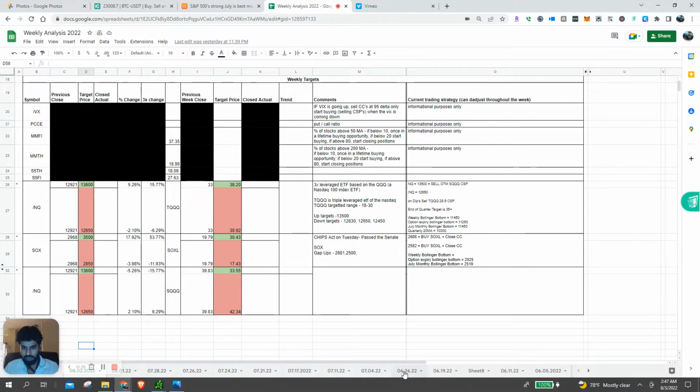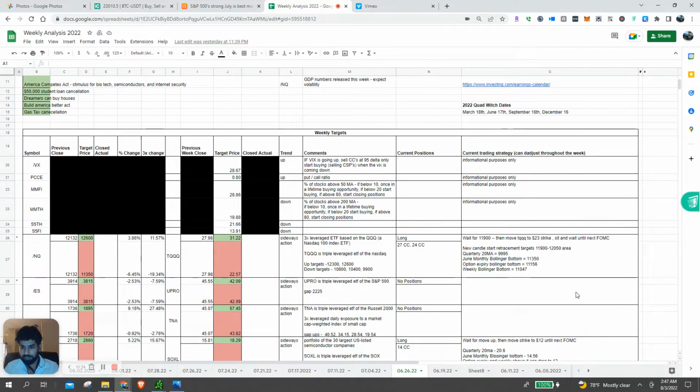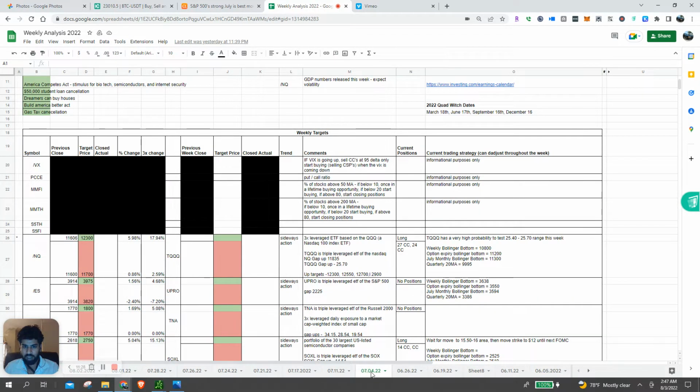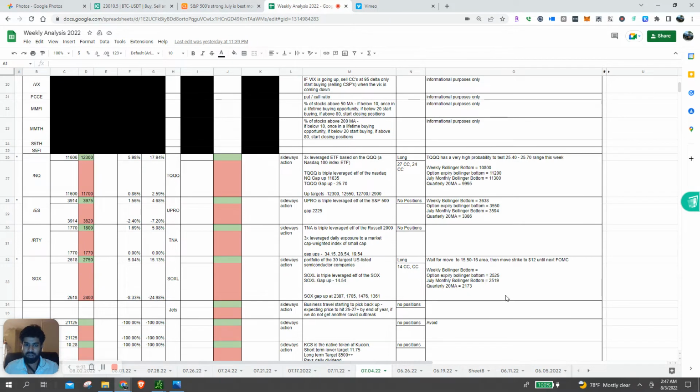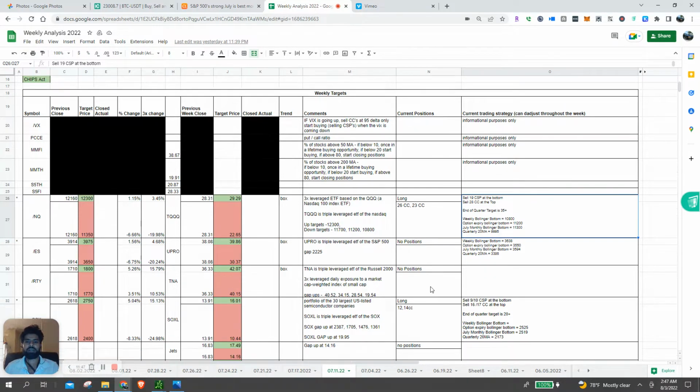If we come to our July 4th, July 11th actually, here you go. In between July 4th and July 11th, that's when it was identified that we're going to have a massive reversal.